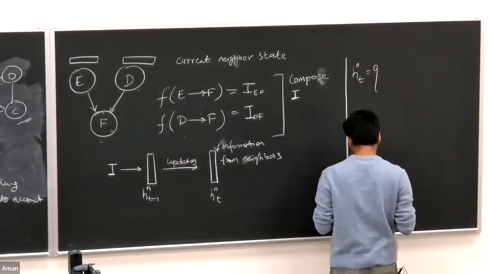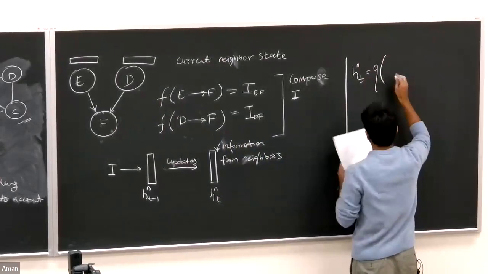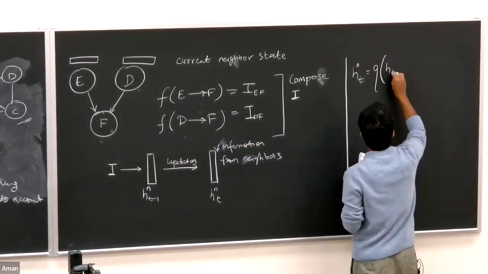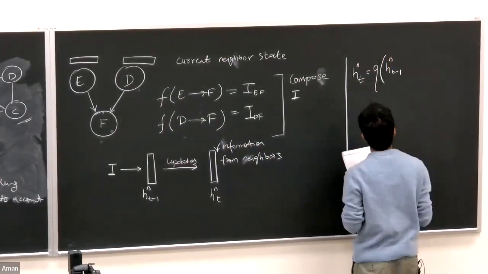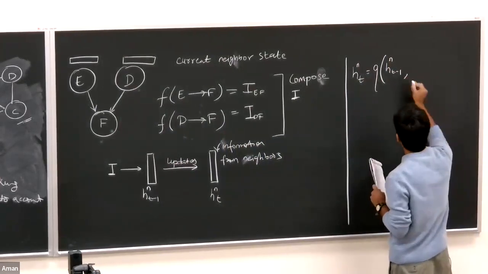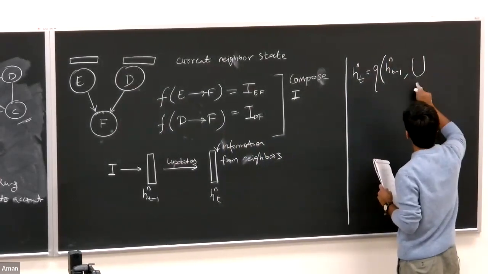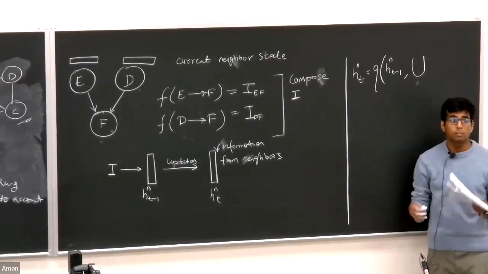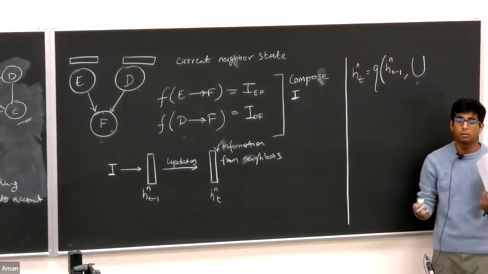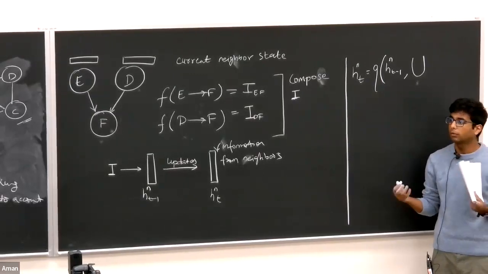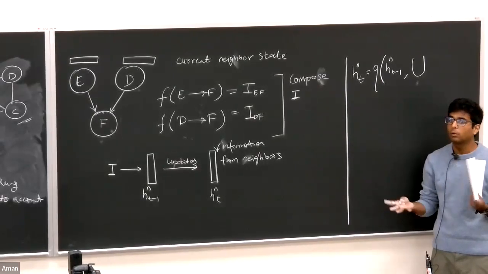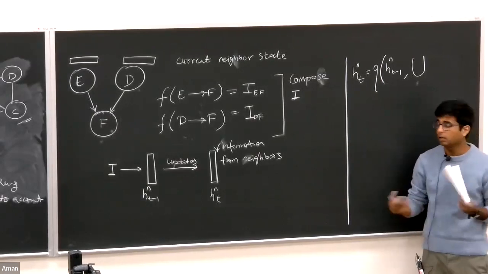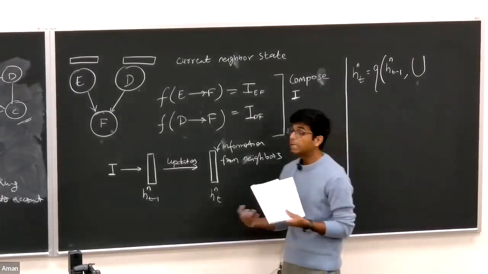Let's say q is just an arbitrary nonlinear function, applied to ht minus 1, which is the current state of ht, and you take a union. This can be any operator. I'm just using union because it's the simplest operator, but any kind of operation like a mean or a sum, any operator that does not take into account the ordering of the neighbors, works.